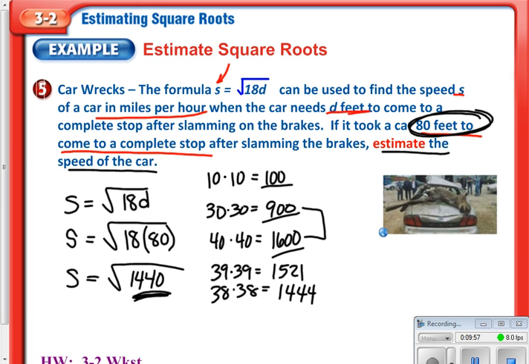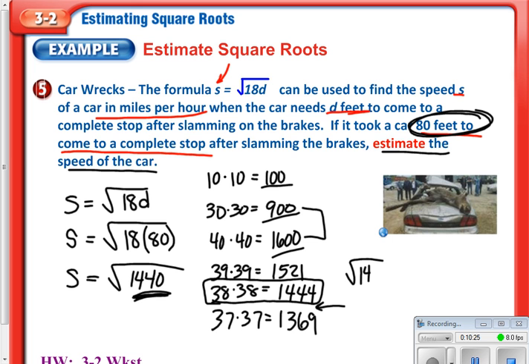Still, 1,440 is not between those two, so maybe we drop it down to 37 by 37, and we have 1,369. 1,440 is going to go in between there. Obviously, just by looking at those, you could figure out that 1,440 is closest to this one right here. So again, it's an estimate. What we'd say is that the square root of 1,440 is approximately 38.